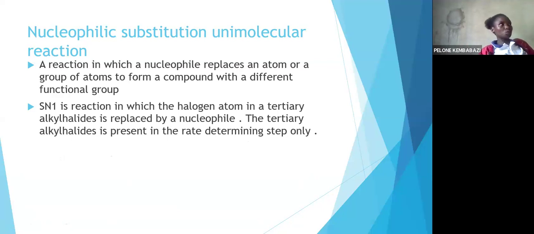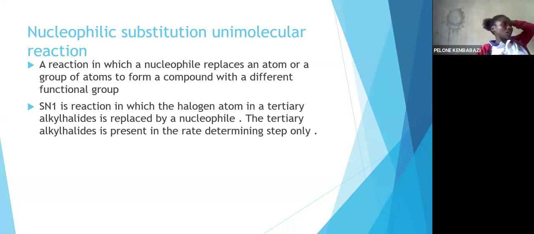This is the reaction where we have only one species in the rate determining step. The rate determining step is the main step in a chemical reaction. So in the rate determining step we only have one species, and this reaction is undergone by tertiary alkyl halides.